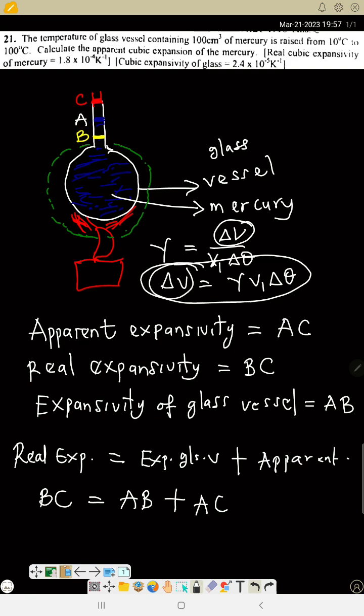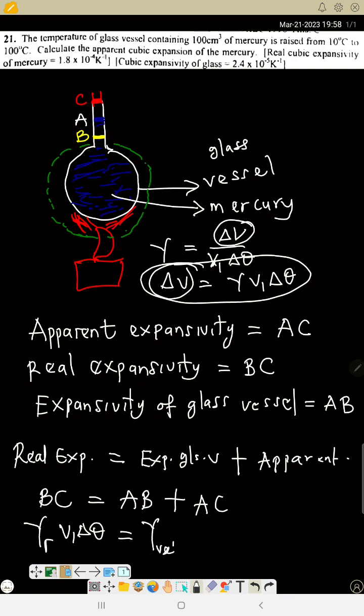So now real expansivity will be gamma R. I'm representing this gamma R as real expansivity, then V1 change in temperature, is equal to, remember they are set to the same temperature, so it is the same for all, AB. AB is the expansion of the vessel.